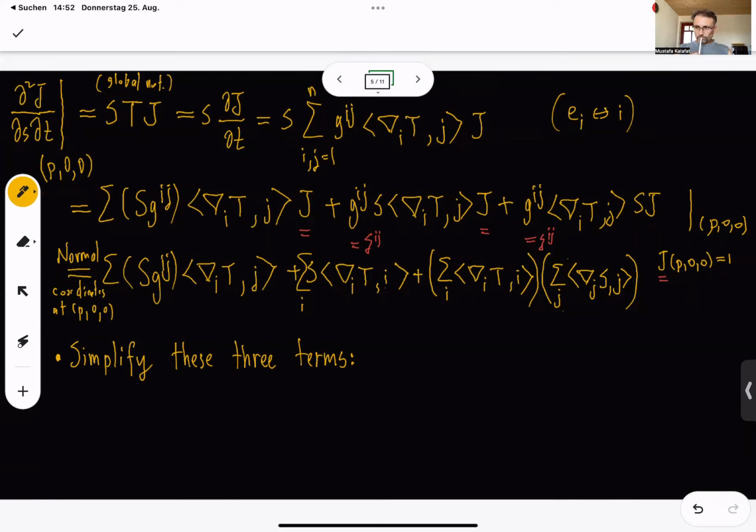To be able to do that, we need to handle the derivative of the inverse matrix.